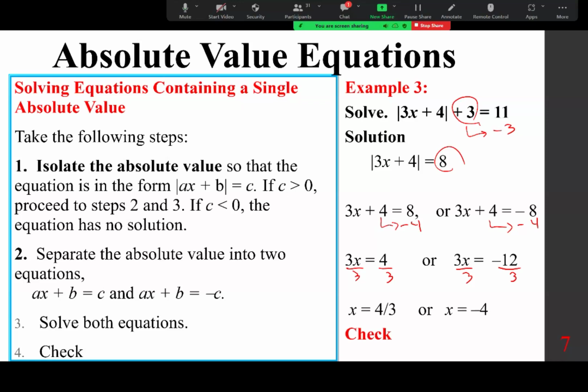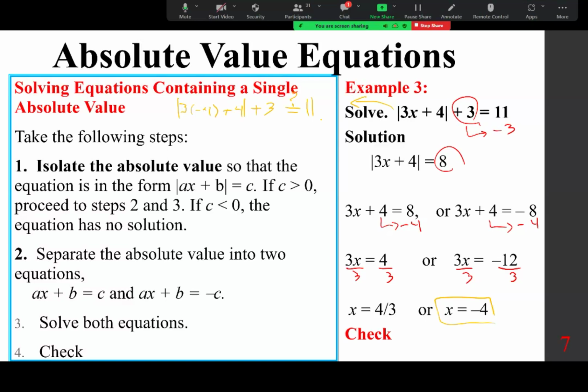And checking takes place with the original equation. So I'm going to check one of them for you. If I check with -4, I get the absolute value of 3 times -4 plus 4, plus 3, and I'm going to put a question mark to see if it's equal to 11.